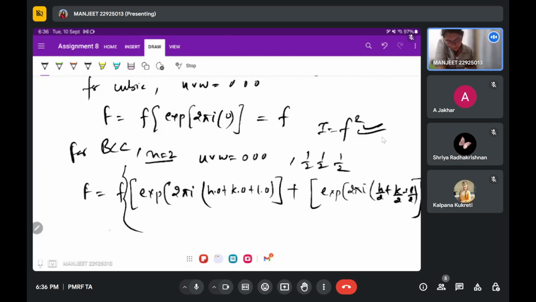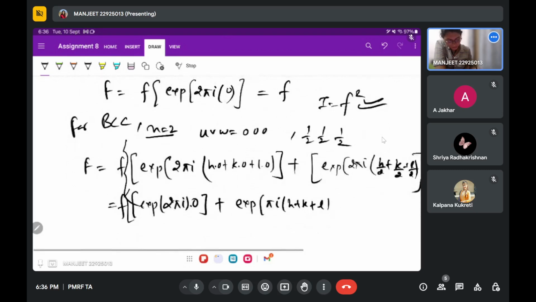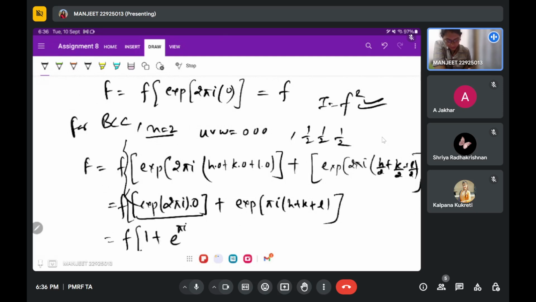So this gives you exponential of 0, which is 1. So F is equal to 1 plus exponential of pi iota (H plus K plus L).